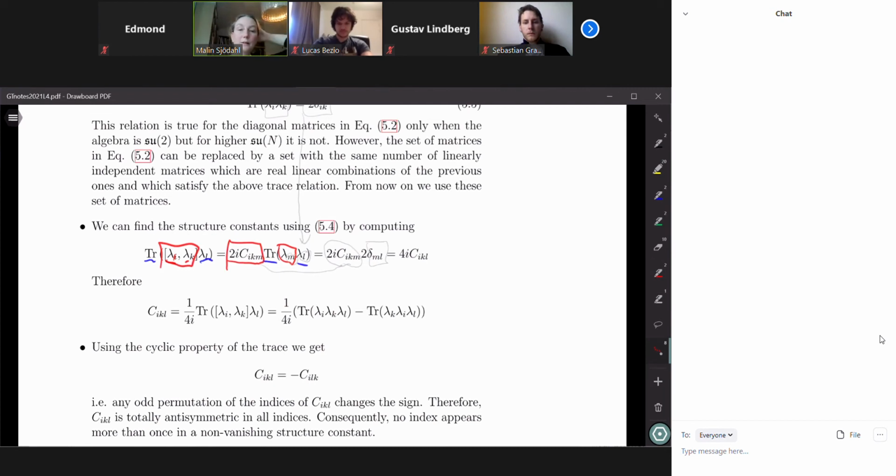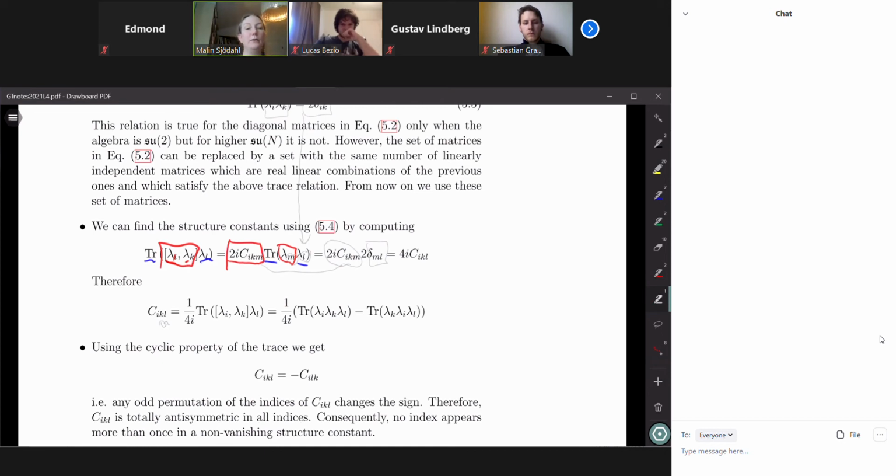Now recall again that the trace is cyclic. So I can move the elements here from the left to the right as I wish. Or more specifically, I can swap, if I want, the places of the k and the l here, and not only the i and the k.